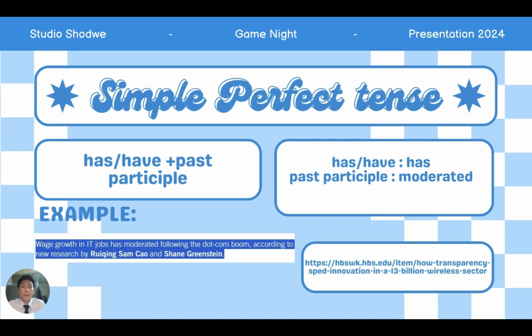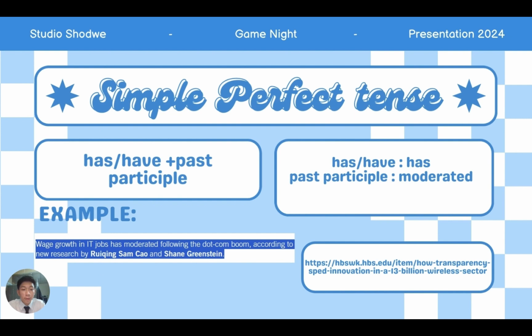Here I'm going to continue with simple perfect tense. Simple perfect tense is used when an action that happened in the past is directly related to the present. The formula for simple perfect tense is has or have plus past participle.